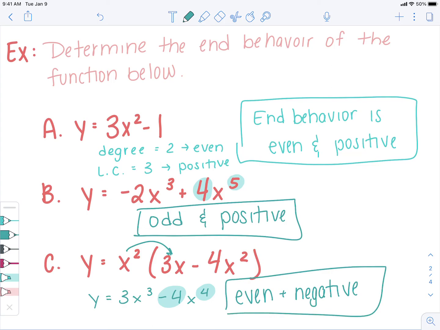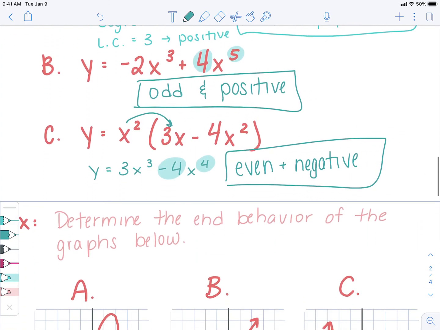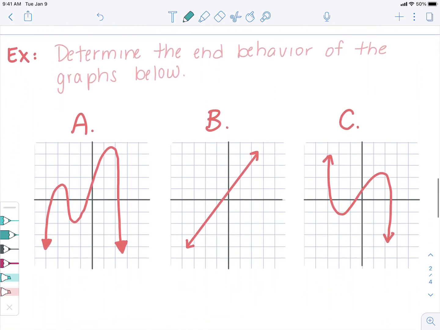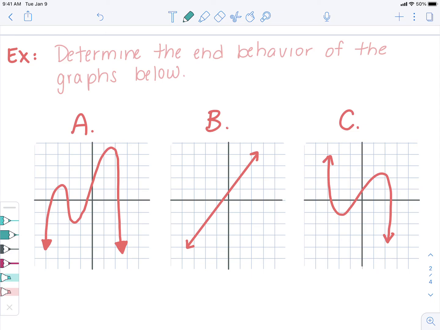So in general, it looks like this. So if I give you an equation, you're just picking out the degree, picking out the leading coefficient. Or I can give you a graph and ask you to find the end behavior of the graph. So now you just have to remember what we talked about, the shapes, and say, okay, are the ends going in the same direction or opposite directions? Is it happy or is it sad?